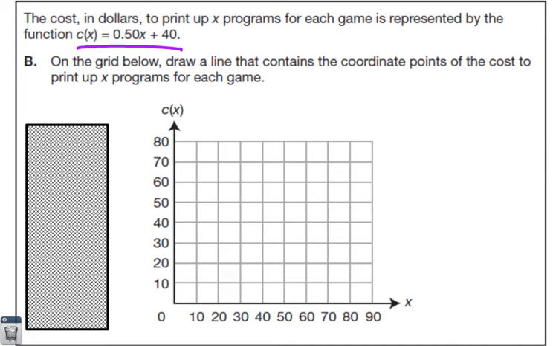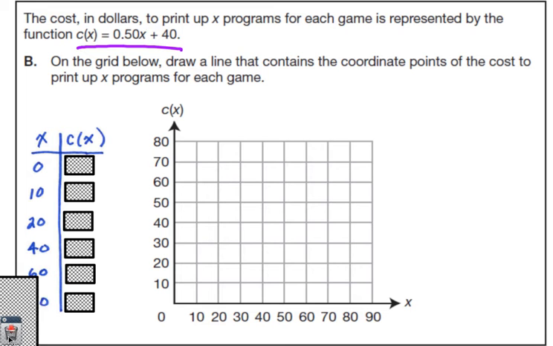So here's one thing you could do. You could set up a table and make a bunch of points where you would plug in 0 for X, and then C of X would be equal to 0.50 times 0 plus 40, and so that would be 40.